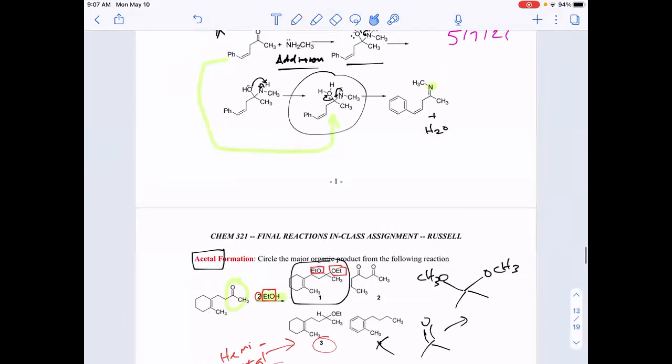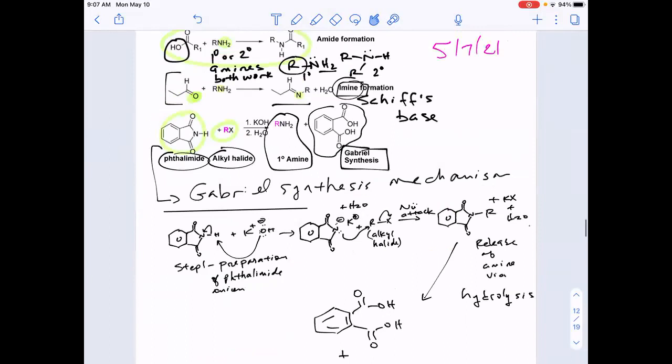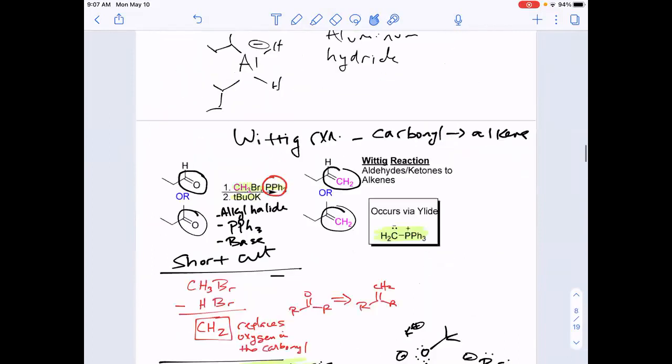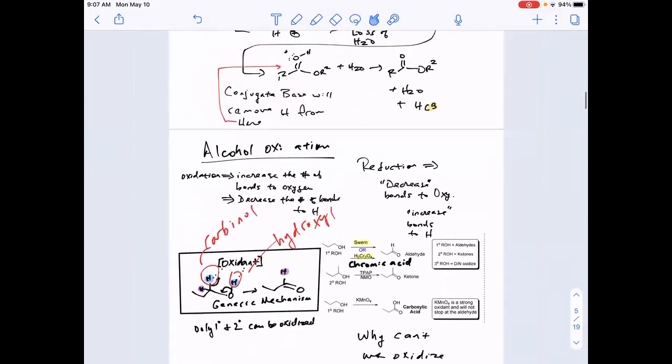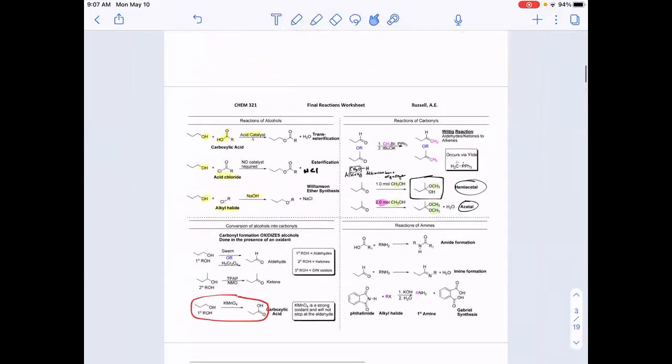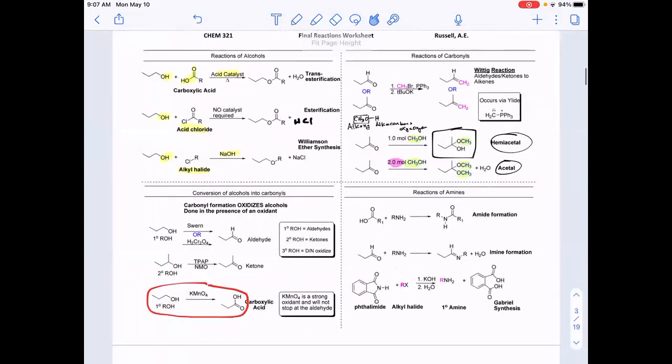We're gonna jump right back into this worksheet and do some more of these reactions. We've actually gone through all of the reactions in these different quadrants. We talked about reactions of alcohols, how to turn alcohols into carbonyls, and some of the reactions that carbonyls do.